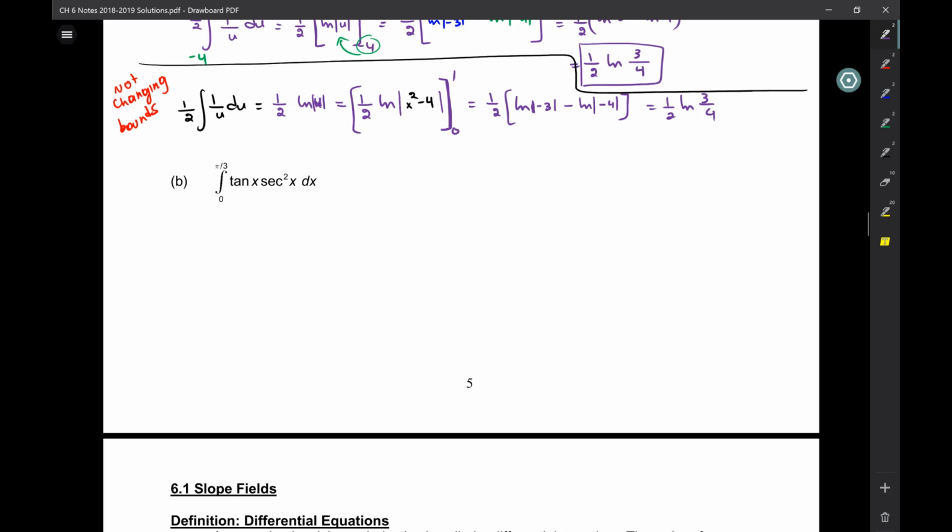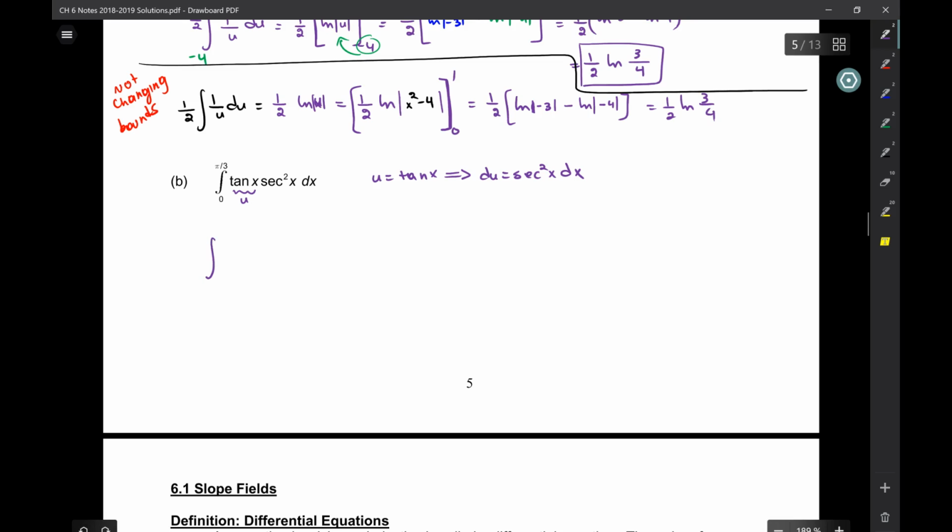Okay, so let's take this as the u, because what's the derivative of tangent? It's secant squared. So if u equals tangent x, du is secant squared x dx, and then it just works.